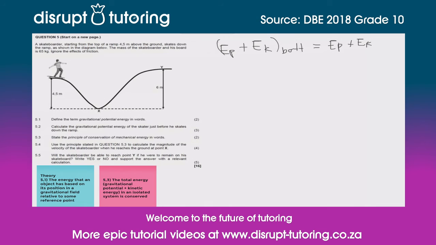So let's get started again. We know that at the bottom of the ramp he only has kinetic energy, and we know his velocity. So potential energy at the bottom of the ramp, at point X, is 0. So let's go a half times his mass, which we know is 65, times his velocity, which we just worked out, is 9.39, and that is squared.